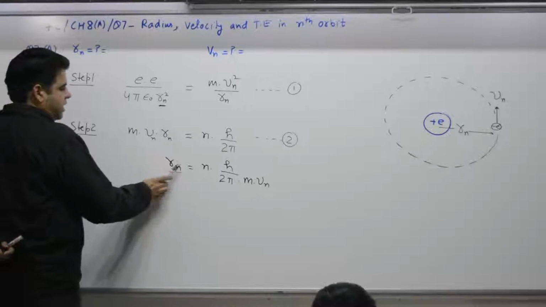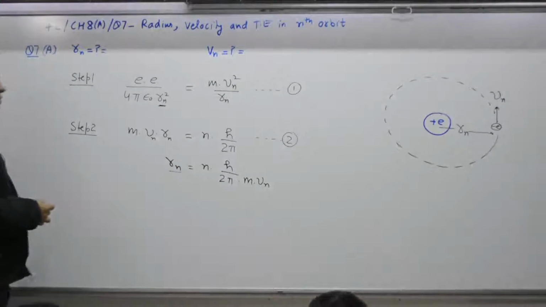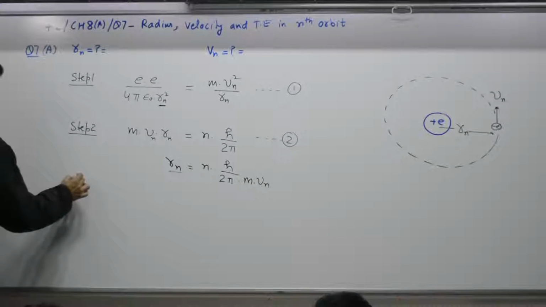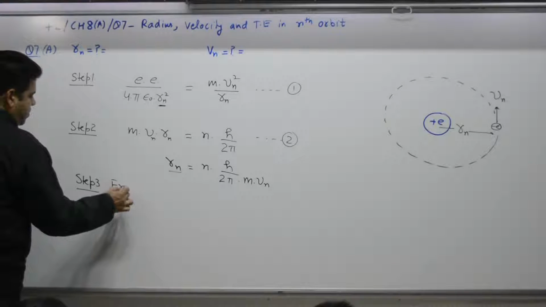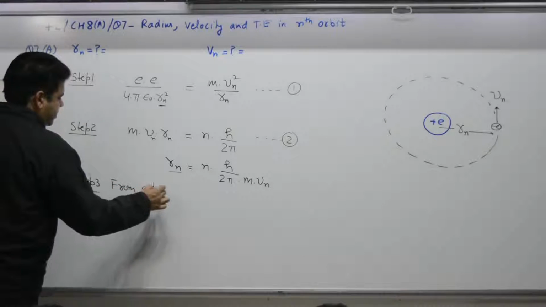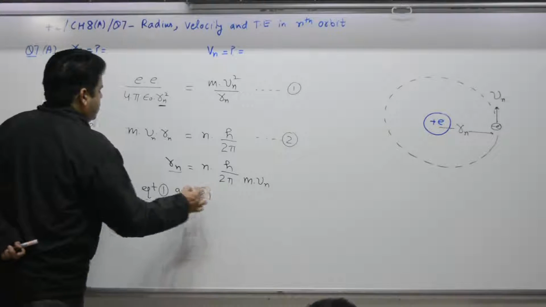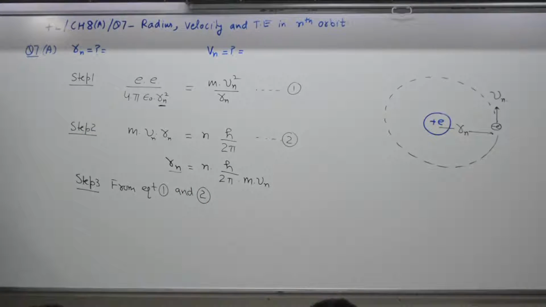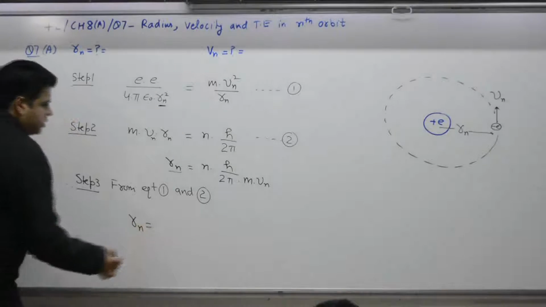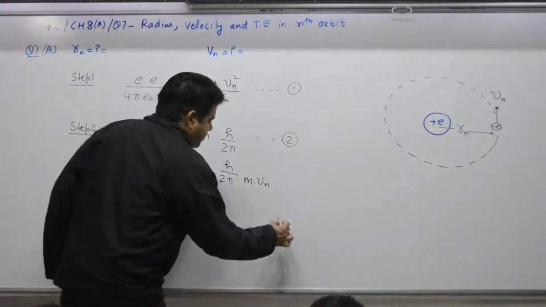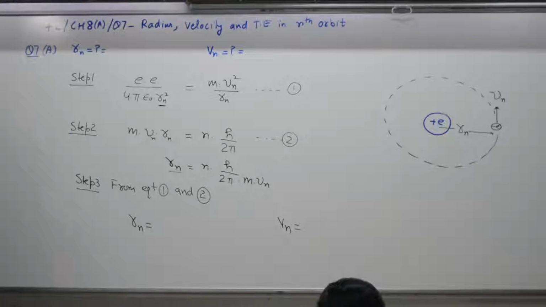Now you will write Rn in terms of Vn, so this whole equation is in terms of Vn. So step 3: from equations 1 and 2, find Rn is equal to what, and Vn is equal to what? Take time, 2 minutes more.